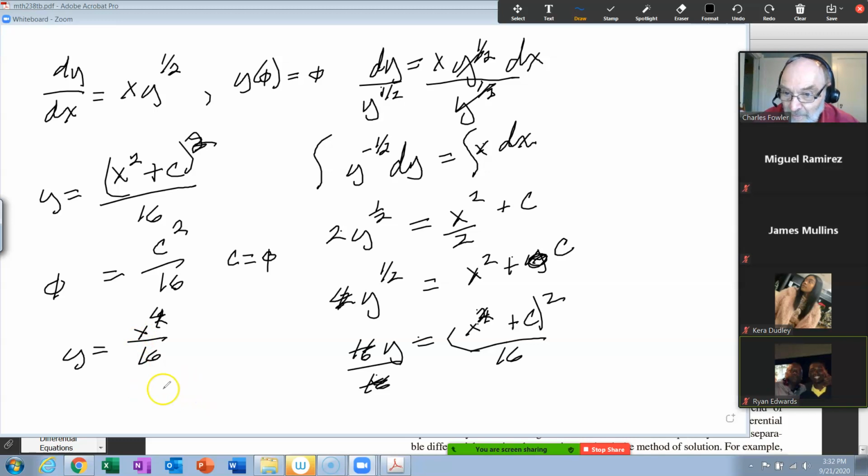That works. But we also know that you could just have the equation y is equal to 0. Now that certainly does happen when x equals 0, but this is x to the 4th, so they have the same initial value, but there are two different functions there.